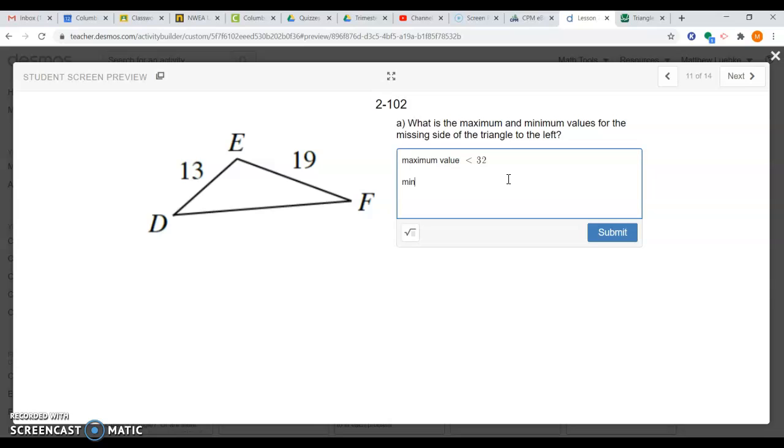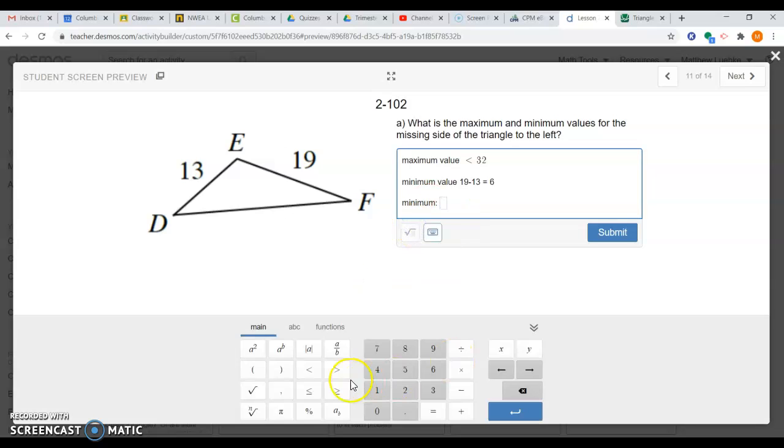The minimum value, you're going to take these numbers here, 19 and 13, and subtract them. So 19 minus 13 would give you 6, and that's going to be your minimum value, and it's anything greater than 6. And so I say the minimum has to be greater than 6.